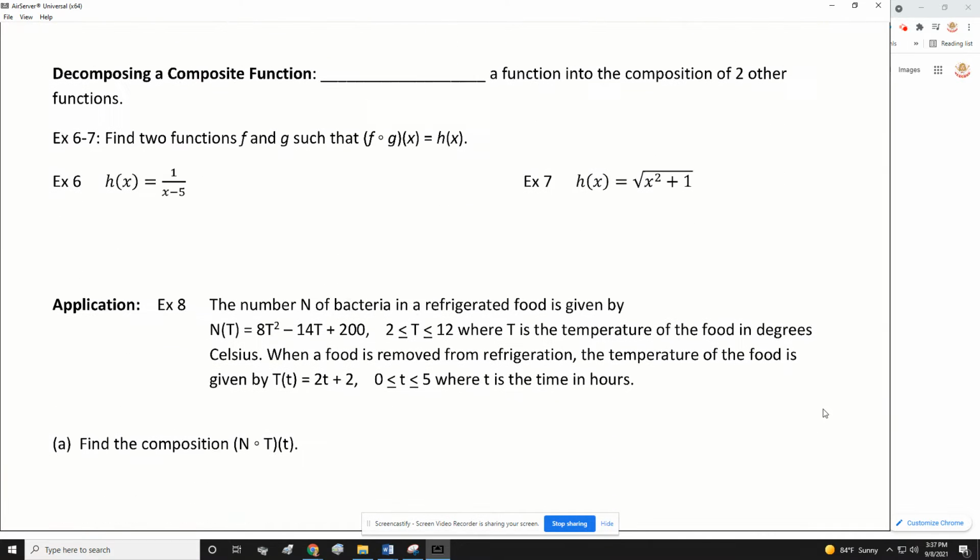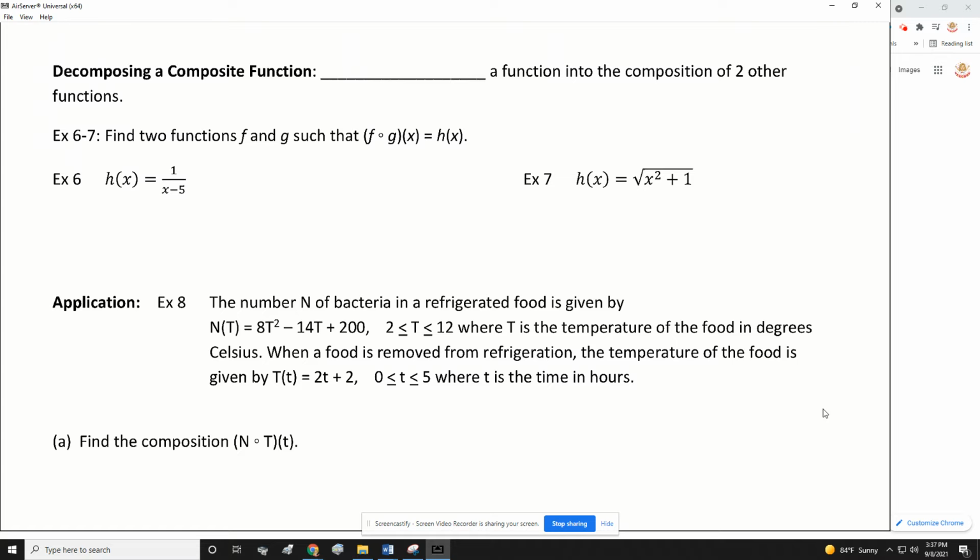All right, the next thing we're going to do is decompose some functions, some compositions. So we have like the answer, and we're working back to see what was put inside of what function to give us this. So decomposing a composite function is breaking down a function into the composition of two other functions.